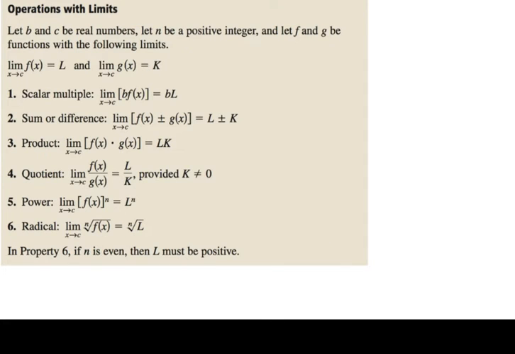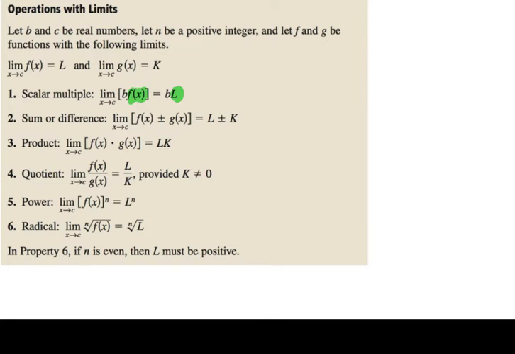Now we've got some operations with limits. If we have a scalar multiple, the limit as x approaches c of f of x multiplied by that multiple is the same thing as b times L. So what they're saying here is you can find the limit as x approaches c of f of x, and if that f of x is being multiplied by a scalar, then you're just going to multiply your limit value by that scalar.